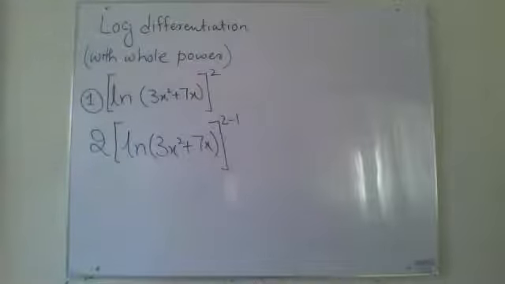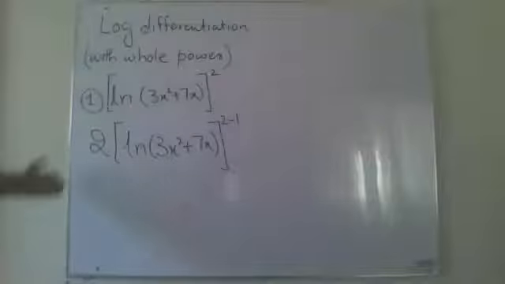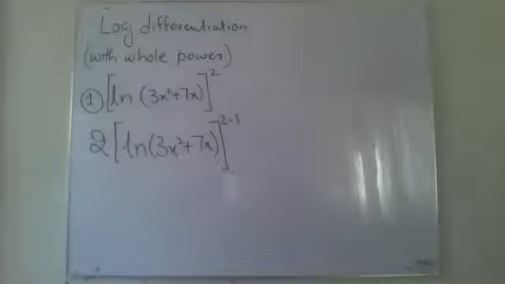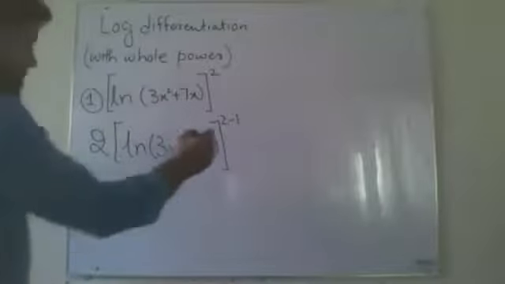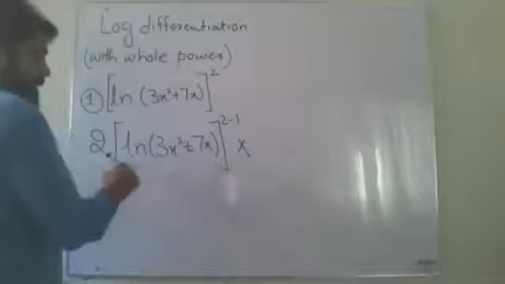Okay, that is your rule number 1, and it is applicable on all types of differentiation. I've completed my first step. Now my second step will be differentiating whatever is inside the bracket.